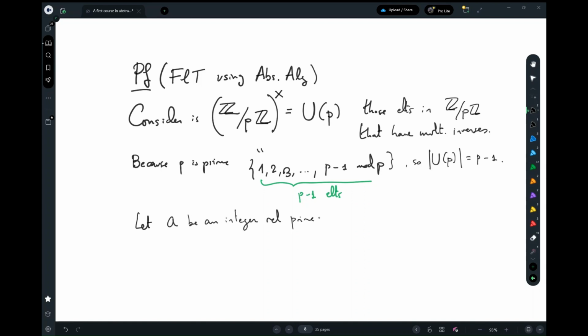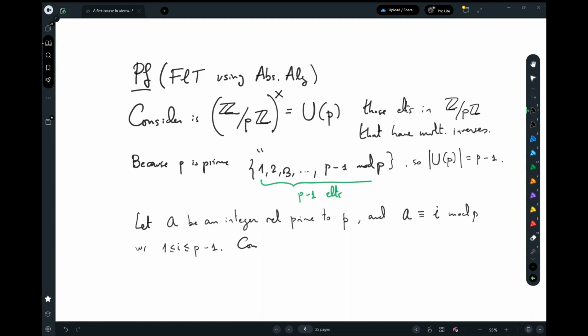Relatively prime to p. And let's suppose that A is congruent to I modulo p, with I one of those between 1 and p minus 1.